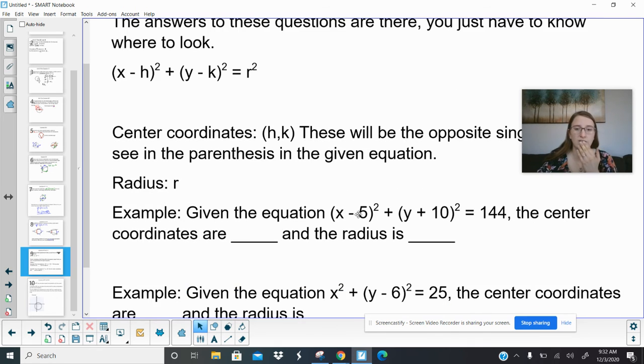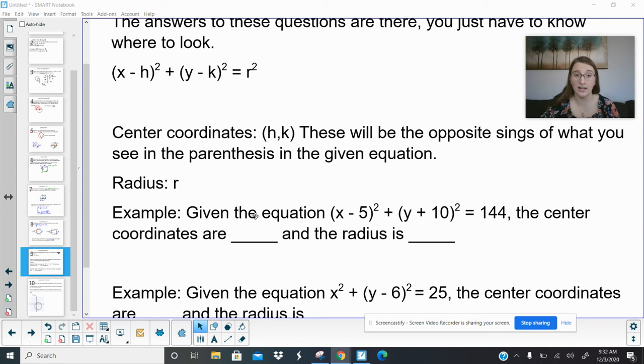The question says, given the equation, blah, blah, blah, the center coordinates are blank and the radius is blank. The answer is there in the equation. What you had to remember is that the center, so the answer is going to go right here, comes from the number in the x parenthesis and the number in the y parenthesis. That's your two answers.